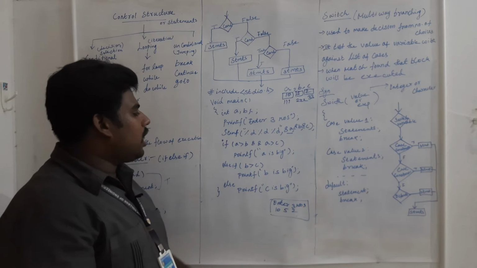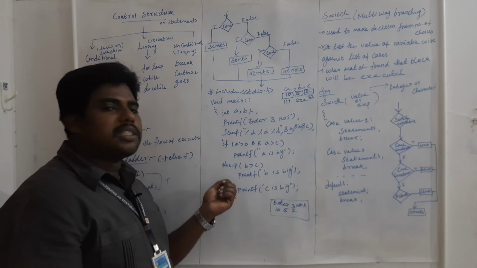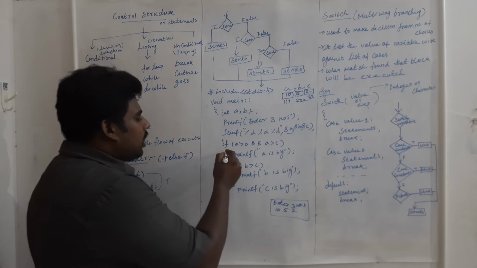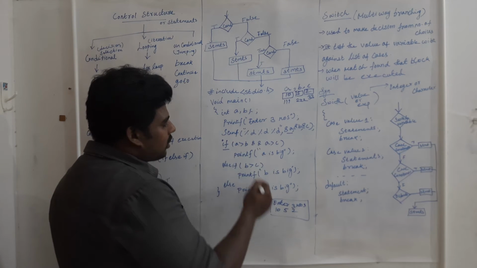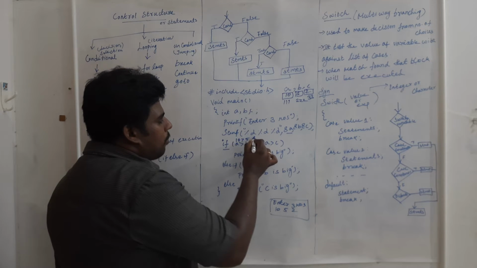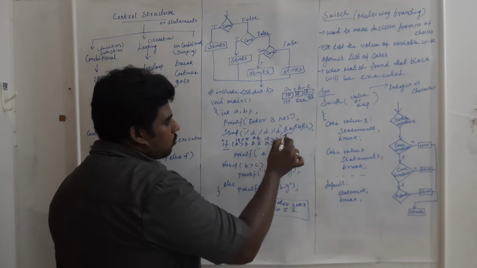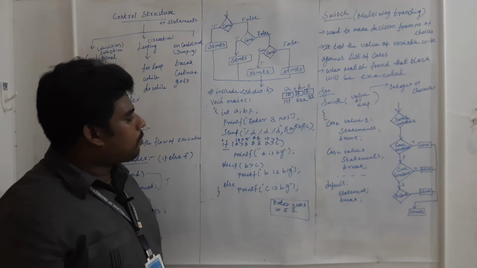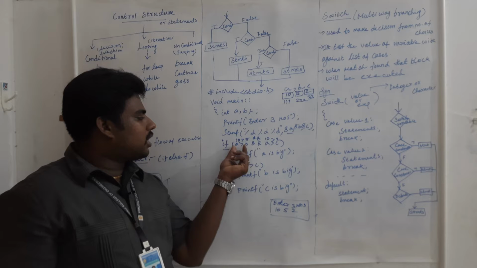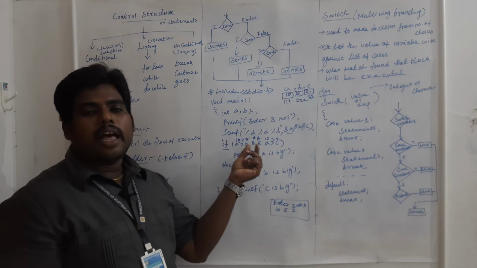Now here I am going to use the if else if ladder. The first one: if a greater than b, that is 10 greater than 5, double ampersand, 10 greater than 2. What will happen? The first condition is true. Here you are using logical AND.